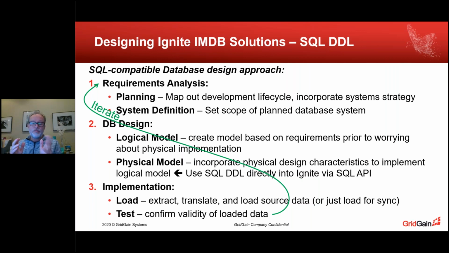Now the problem, and why I say seems, is that the SQL approach generally is on different machines, and so you're going by necessity over the network to the node that you're connecting to, whereas with the API and the data streamer, you can run that local to your nodes.